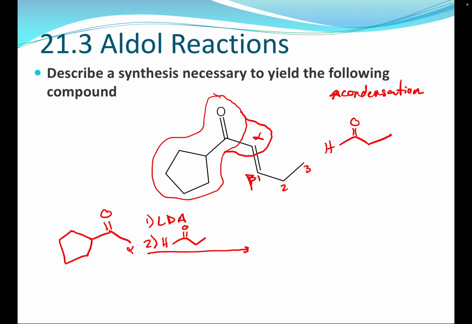So now we have our product. This would just be our hydroxy or our alkoxy product. So step 3 would be introducing some kind of workup. Water would be suitable here. And then this gives us, at step 3, our beta hydroxy product. Step 4, you need to use some kind of acid.